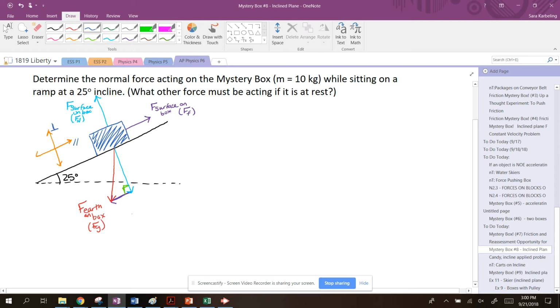Normal is always perpendicular to the surface, and friction is always parallel to the surface. So let's just use that since we've already got it. I'm going to call this one right here FG perpendicular. And I'm going to call this one FG parallel.